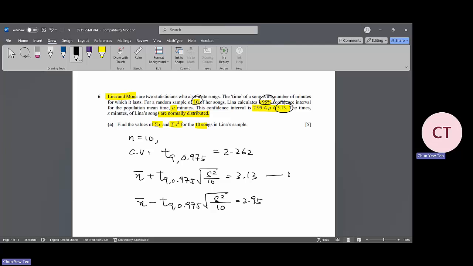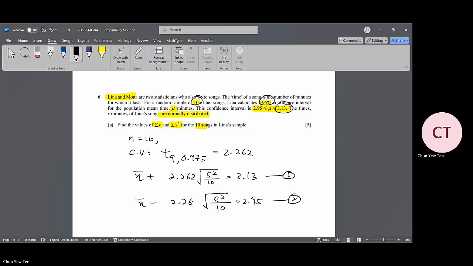I call this one equation 1 and this one equation 2. To make my explanation easier, I will not write t like this anymore. I will straight away write it as 2.262.